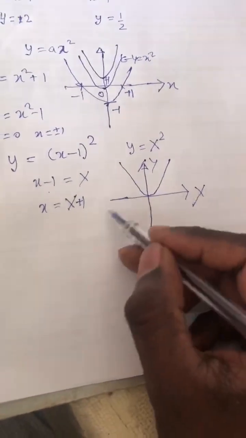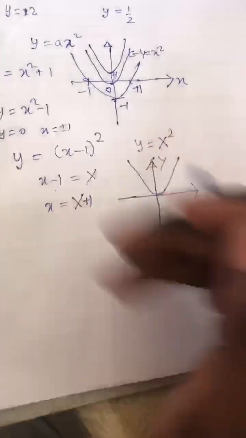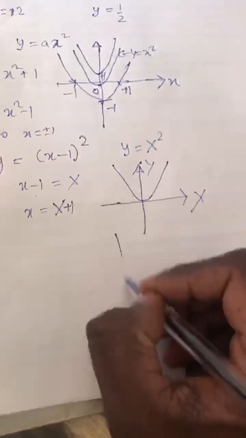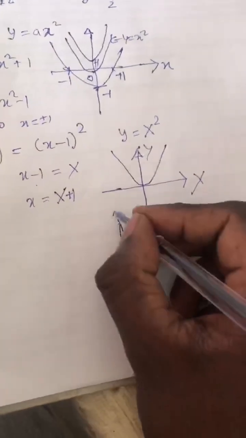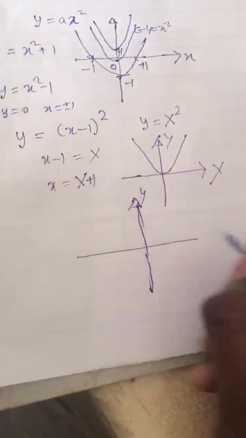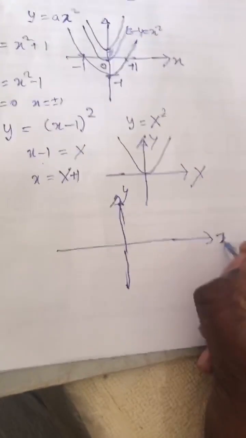That means the simple x-axis will be shifting backwards, right? So the graph is horizontally shifted. This is y, and I add simple x.